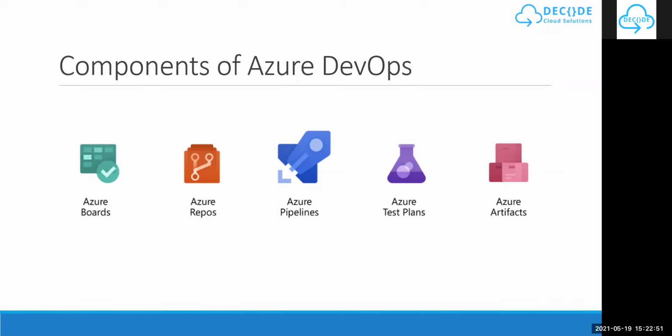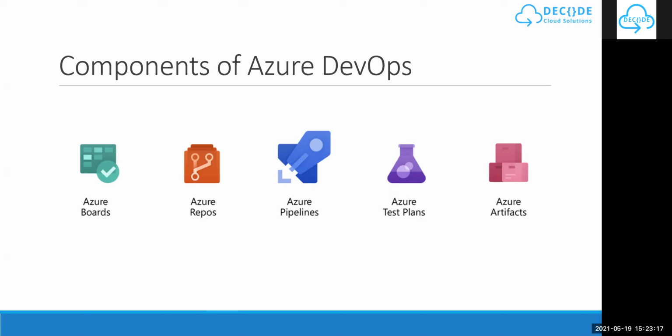Then moving further, you have Azure Repos, which is similar to a Git repo. Azure Repos provides Git repositories or Team Foundation Version Control, which is TFVC, for source control of your code. You can create repositories in your GitHub and link them with Azure Repos.